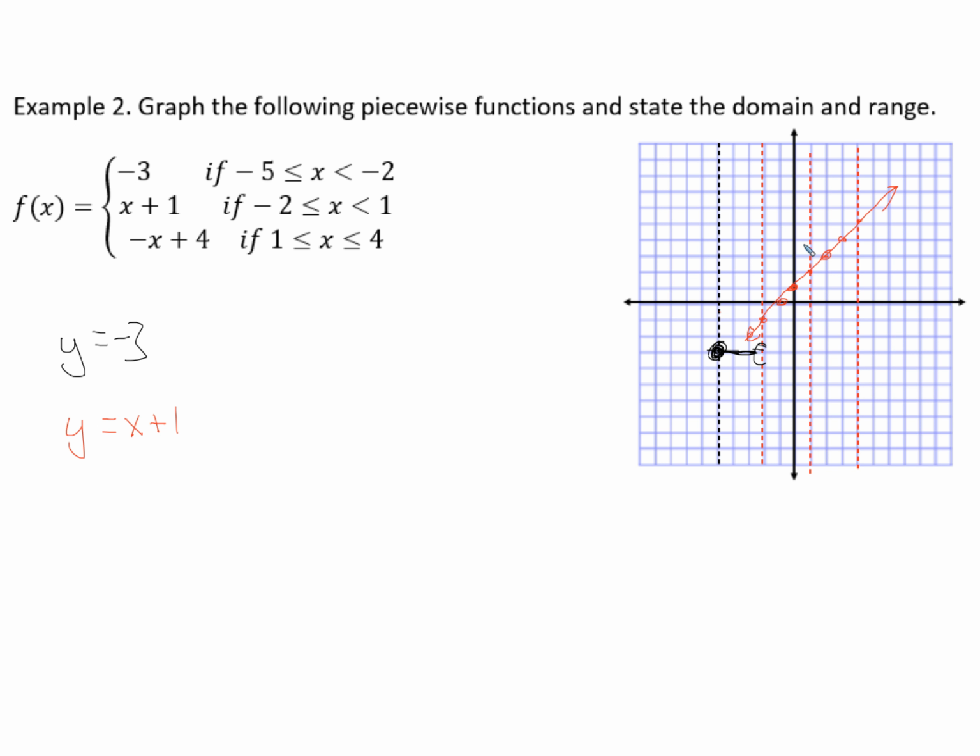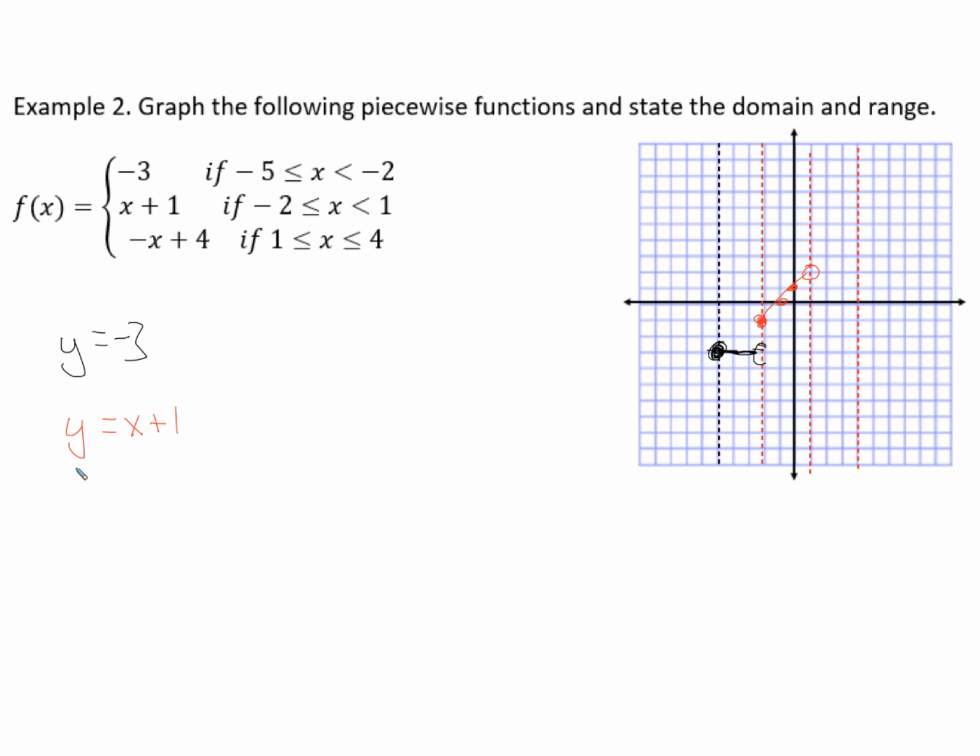So we only want it in this interval here. So we'll go ahead and erase this extra stuff that we don't need. And we also will figure out what types of circles we put on there. So -2 is less than or equal to, so this one is a closed circle. And then this is less than 1, so at 1 we have an open circle.